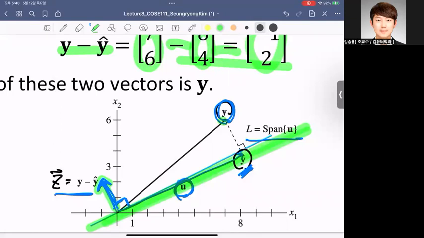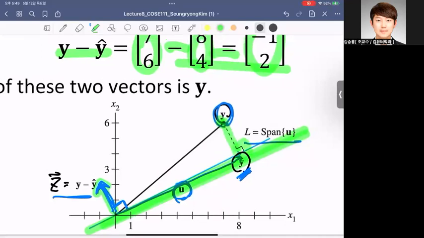Let's think back to middle school. When there is a line and a point, where is the closest point? The foot of the perpendicular. Wow, I haven't heard that in a long time. Where is the foot of the perpendicular? It's this one. We already know that. This is the closest point. So orthogonal projection means finding the closest point from vector y to this line spanned by vector u.